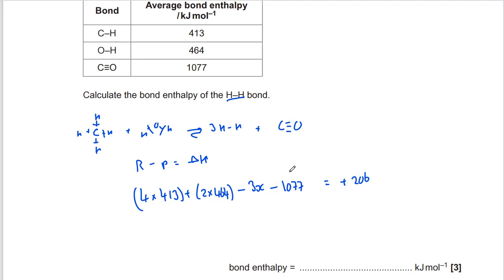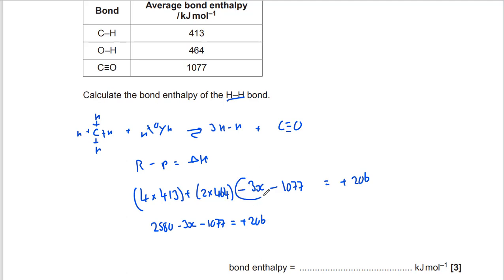So let's simplify the brackets that I've drawn. 4 times 413, let's add that on to 2 times 464, and we get 2580. So that means that 2580 minus 3x minus 1077 equals plus 206. Now, obviously, I want the minus x to be plus x, ideally.